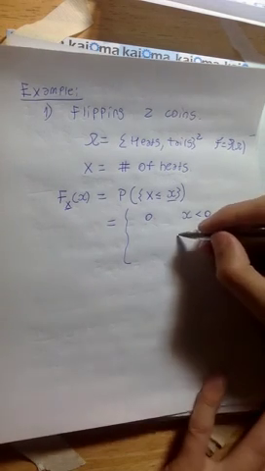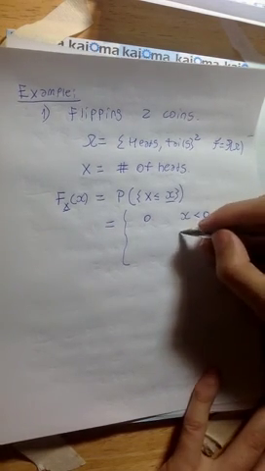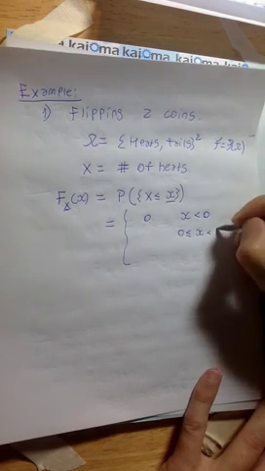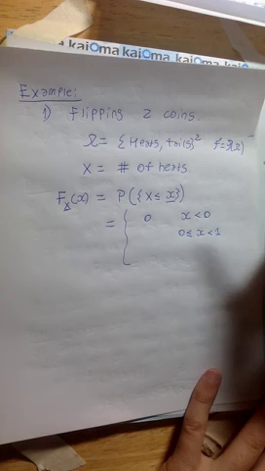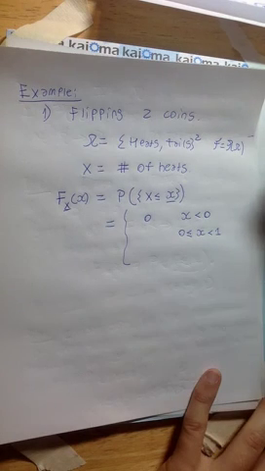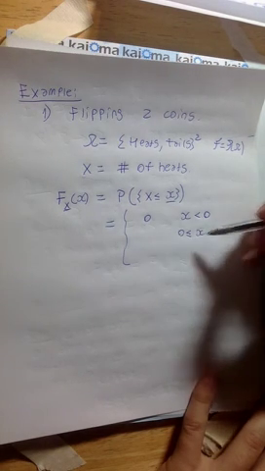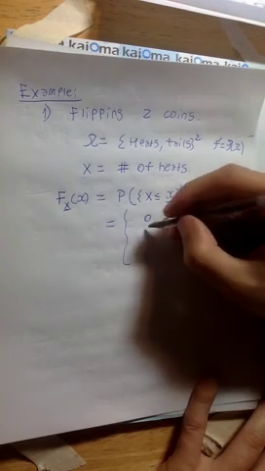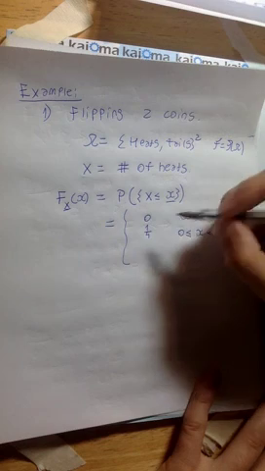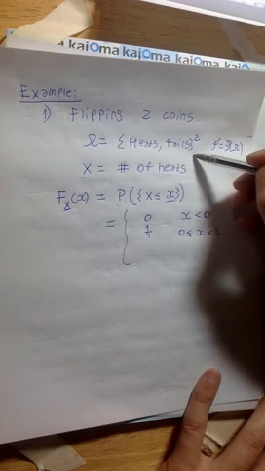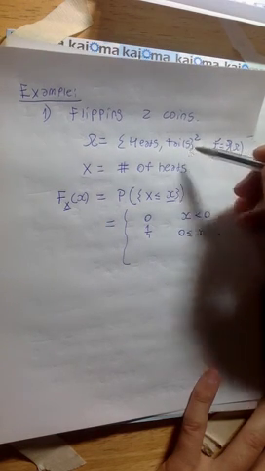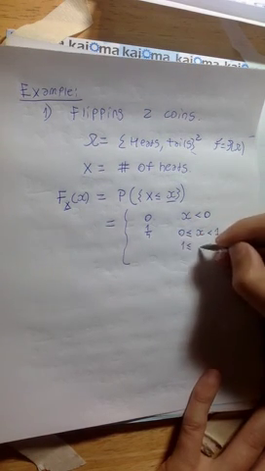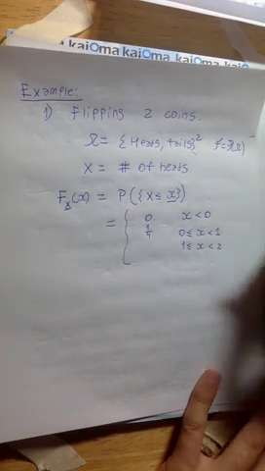Then the next change happens at 0 less or equal than x less than 1. What is the probability that you get between 0 and 1 heads? Basically, what is the probability that you get 0 heads? This is going to be 1/4, because this is the probability of getting exactly 2 tails. Then what is the probability that you get between 1 head and 2 heads?